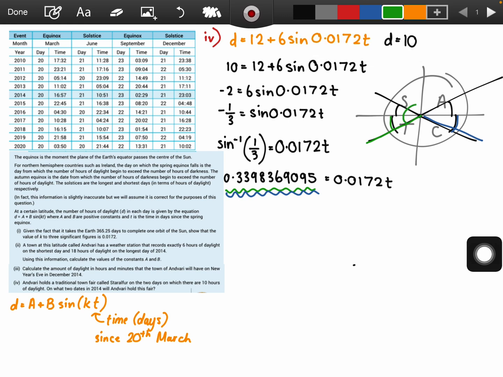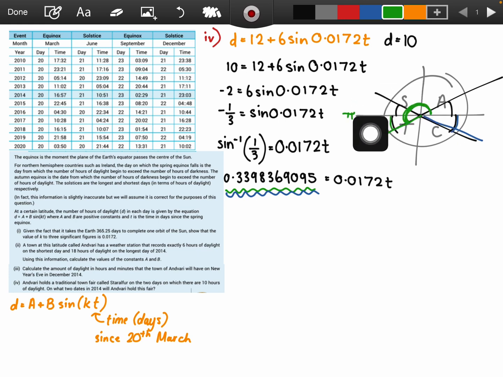So this full angle here for the green one. Okay, so pi is 180 degrees, that full line there.